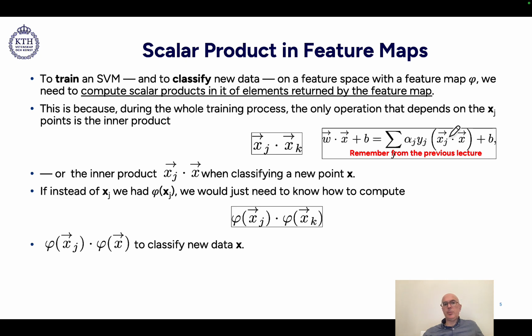As we saw in the previous lecture, during the whole training process the only operation that depends on the xj points is this inner product, also when classifying a new point x. If instead of xj we have phi of xj, our feature map applied to the data point, we just need to know how to compute the inner product of the feature maps of the different xj and xk points. And this is an operation that we can do in the feature space.